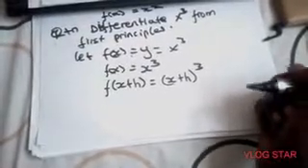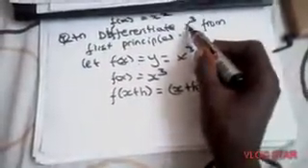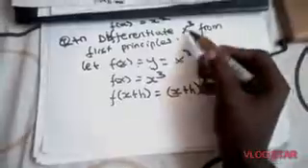Now, we remember that the process of finding the gradient of a curve is the process of differentiation. So we use that basic idea to get the gradient of x power 3 from first principles.